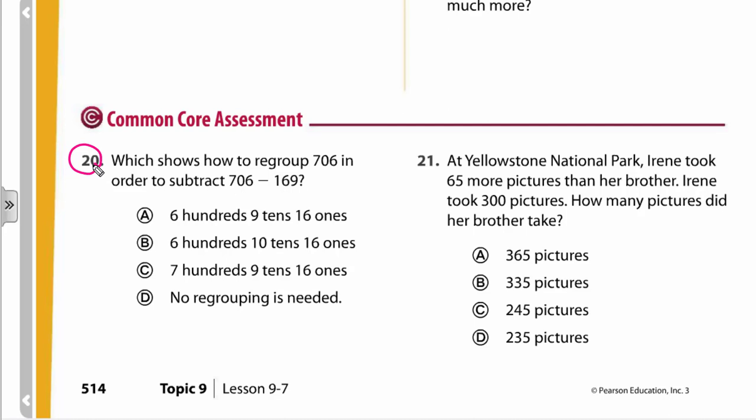The question asks which of these is how to regroup 706 in order to subtract 706 minus 169. You will regroup the first number, 706. The question asks us which of these is the regrouping. Try to solve this.